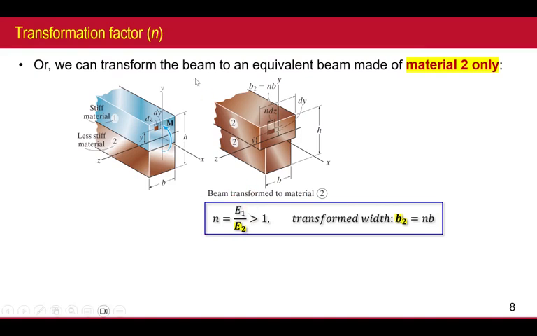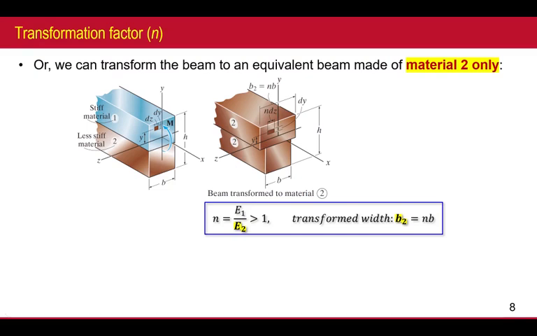On the top is the material to be transformed, E2 the material after transformation. So that means we transform material from 1 to 2, from top to bottom. So from here we get n greater than 1. After transformation, b2 will equal nb. Of course, n is greater than 1, so the width will become larger.